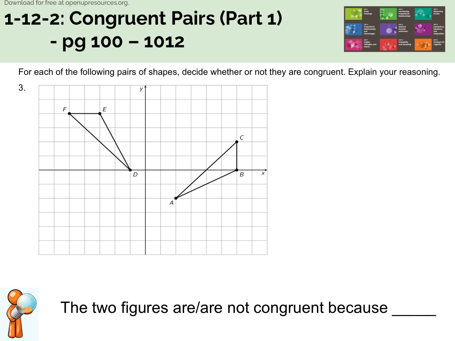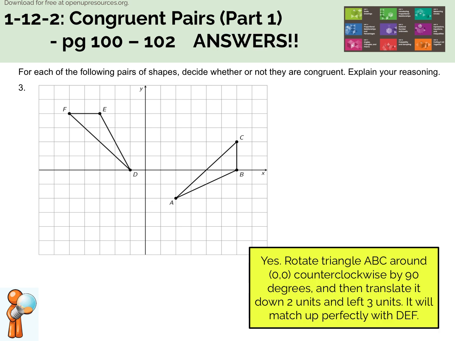All right, here is number 3. The two figures are or are not congruent, and give me a reason why. Make sure you write it down. All right, these two figures are congruent because if you rotate triangle ABC, so they started with this one, around point (0, 0), clockwise by 90 degrees, so you move it up here, and then translate it down 2 units and 3 units to the left, they will match up.